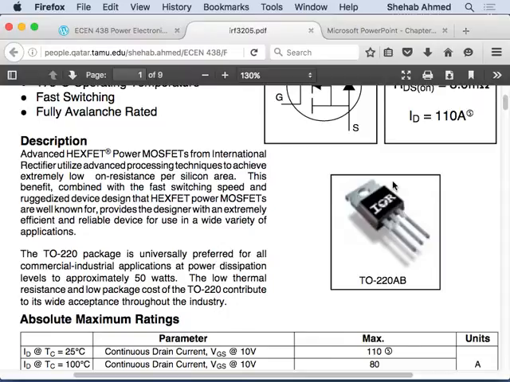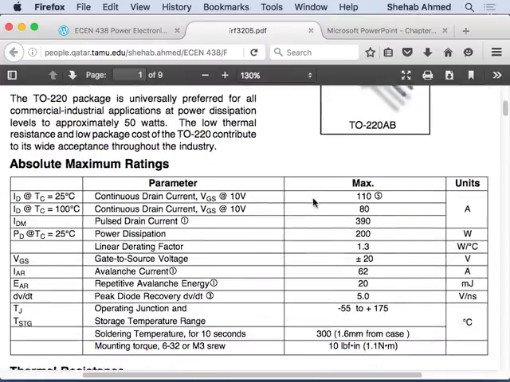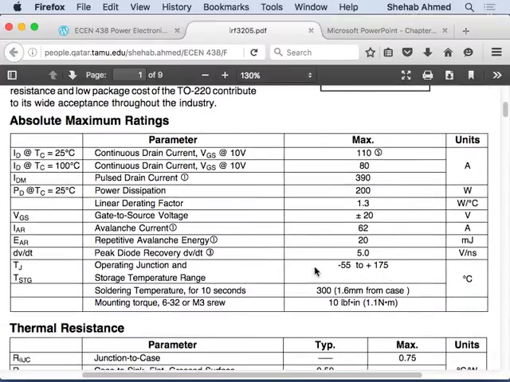So you'll be able to maintain the device temperature within a limit. The data sheet tells you a certain power dissipation, and also the operating junction temperature, which for this device is between minus 55 and 175 degrees Celsius. This is the maximum temperature you can operate the device at. At 175, they expect you to put zero current through the device.